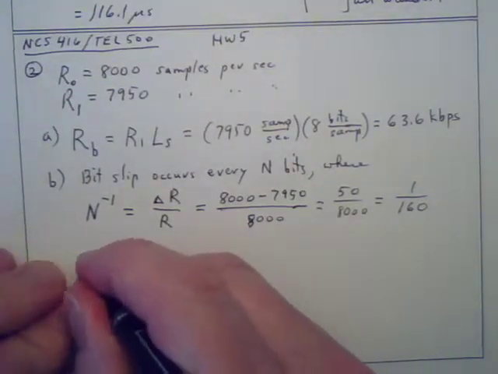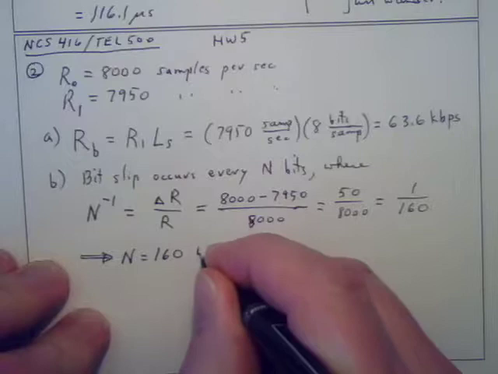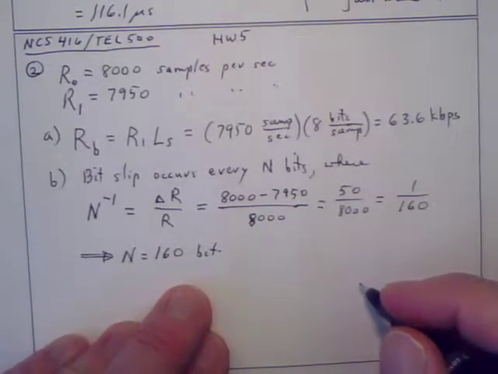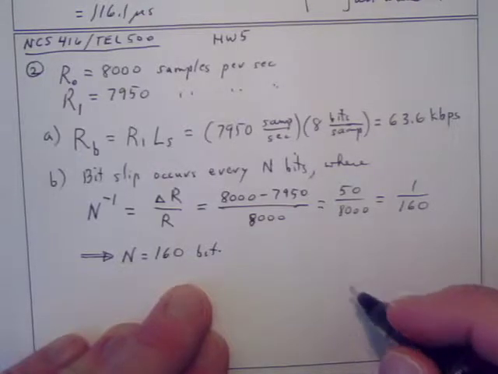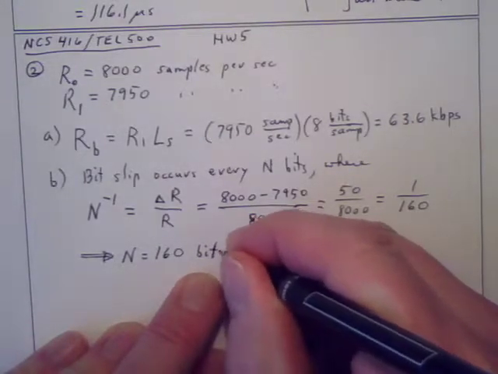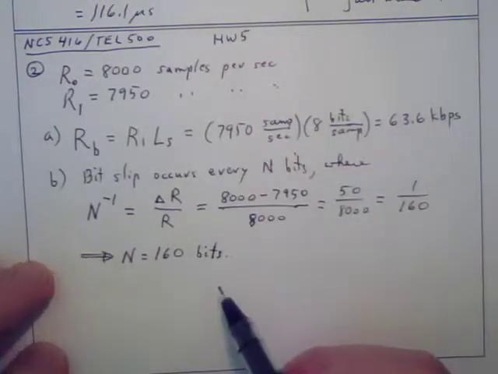And so this implies that n is equal to 160 bits. Every 160 bits, we're going to have a bit slip as these signals are multiplexed together.